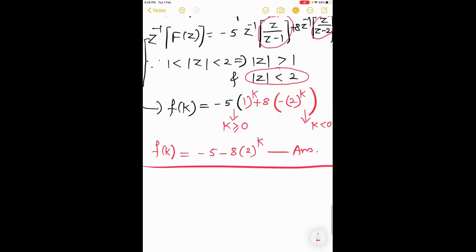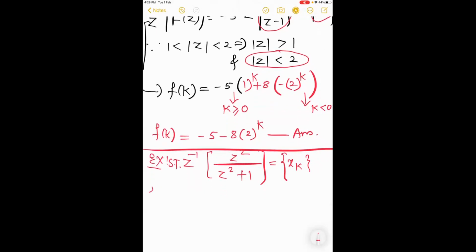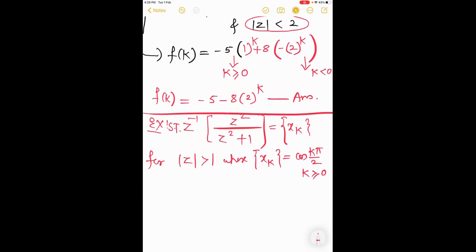So next example: find the inverse transform of z square upon z square plus 1 and show that this is equal to x k for mod z greater than 1, where the x k sequence is nothing but cos of k pi by 2, k greater than or equal to 0. This is actually a very simple example and the calculations are very few for this particular problem.